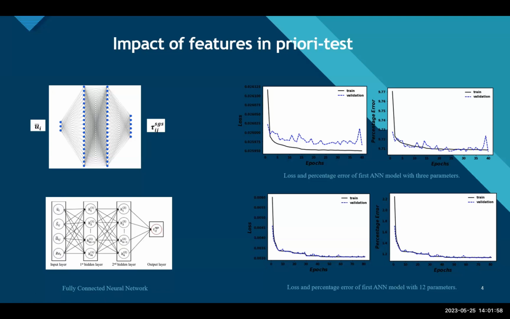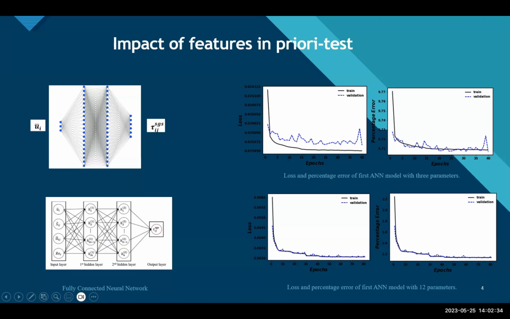For example, I use the strain rate tensor, the rotation rate tensor, and Re-tau, which means the frictional force on the wall, if we want to translate it. By adding these features, you can see I dropped the loss and percentage error ten times.